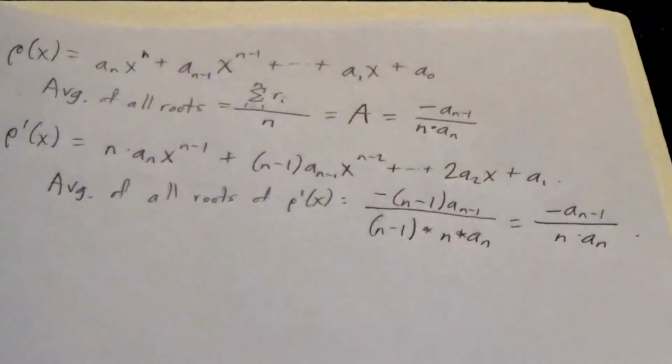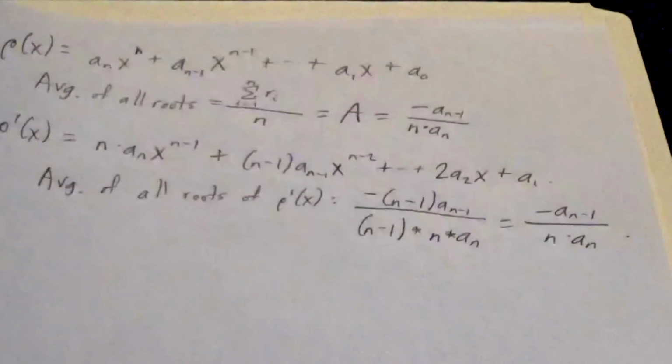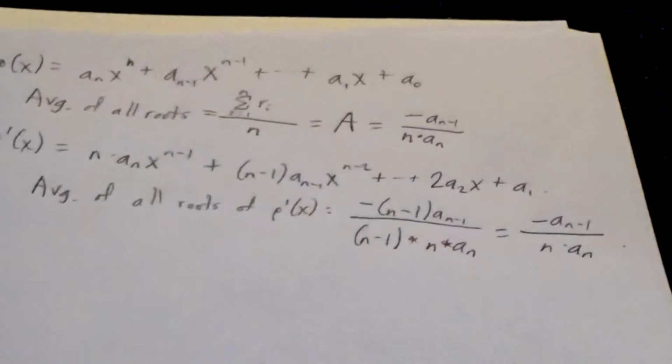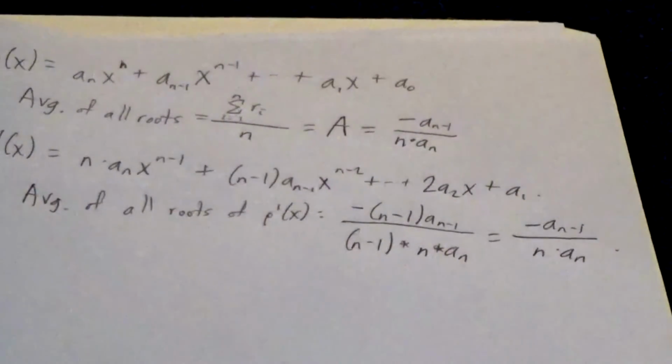So we know that the average of the roots has not changed mathematically from p of x to p prime of x, because of course this formula has remained the same: negative a sub n minus 1 over n times a sub n. So it's still the same value numerically whether we differentiate or integrate the function. So the average of the roots does not change. There you go. There's your proof.